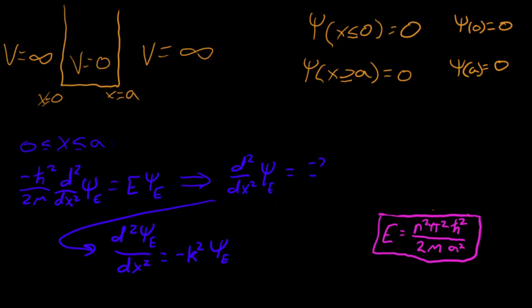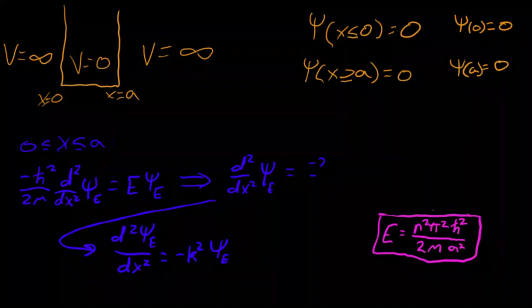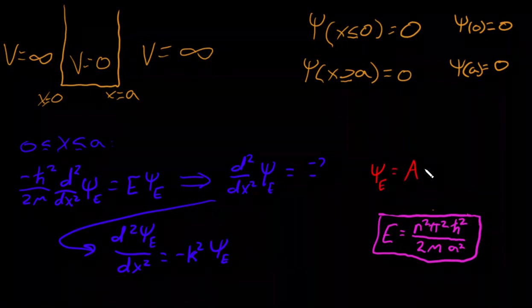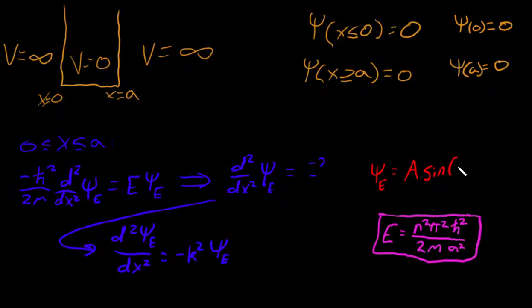We know what our wave function is: capital A times the sine of ka, but k is n pi over little a. So psi_E is capital A times sine of n pi x over a.